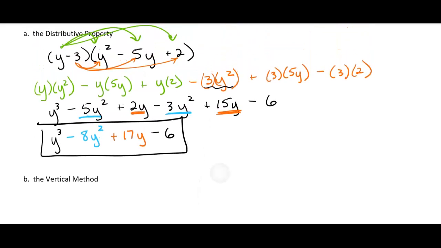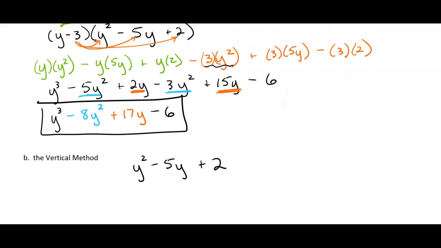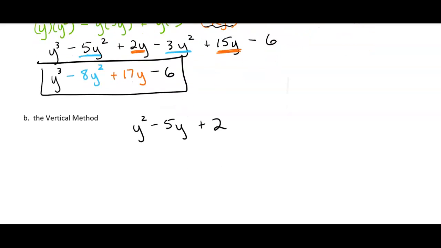The vertical method. So now I have to remember what the problem said. I think I got it. In the vertical method, you usually put the larger polynomial on top. I'm going to check and make sure that I wrote those right. Yeah, that, and then y minus 3.